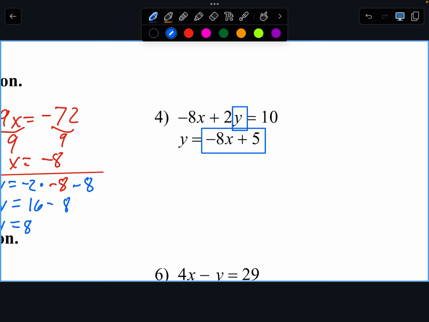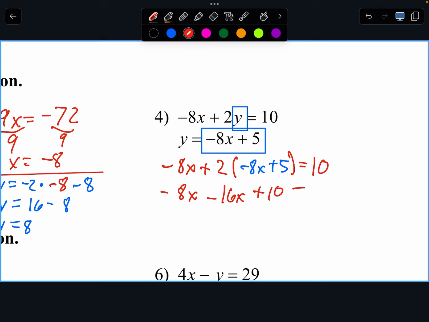So we have negative 8x plus 2 times negative 8x plus 5, and that equals 10. Okay. Negative 8x minus 16x plus 10 equals 10.